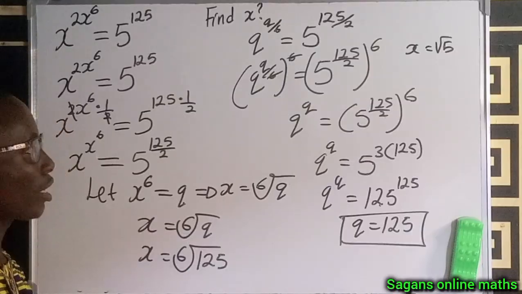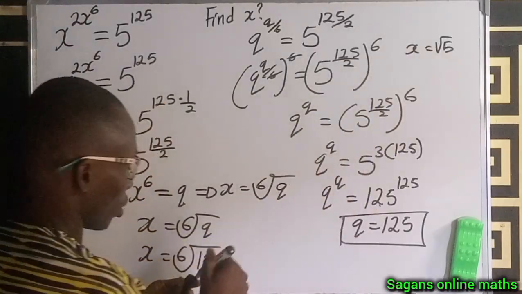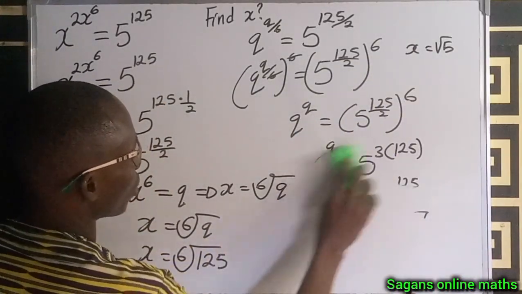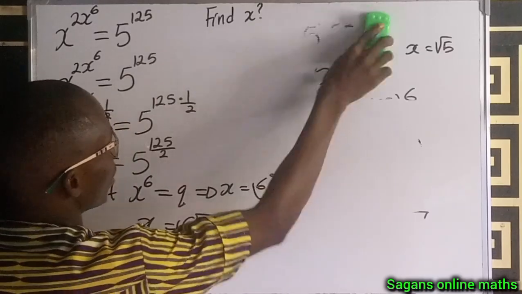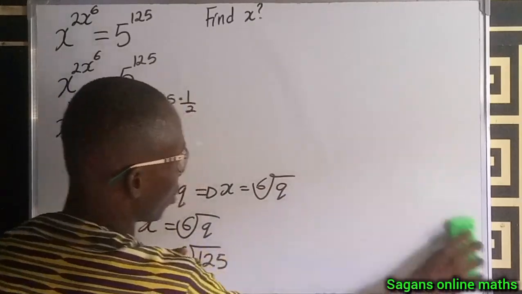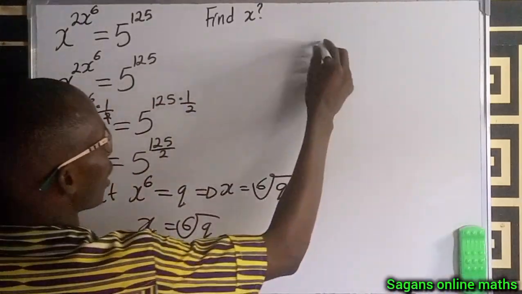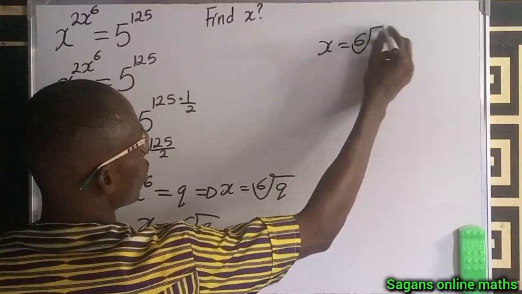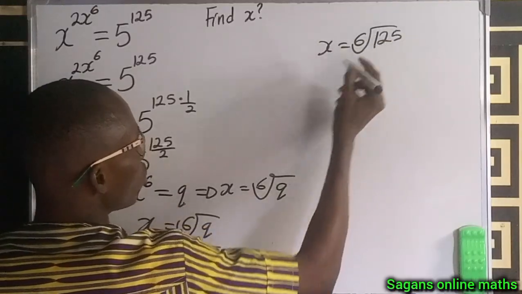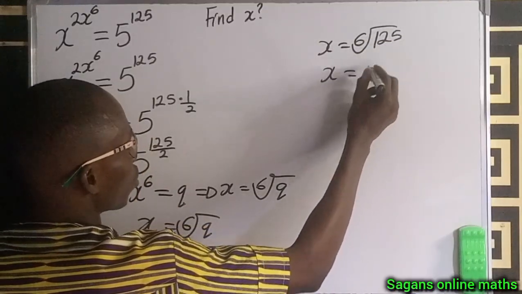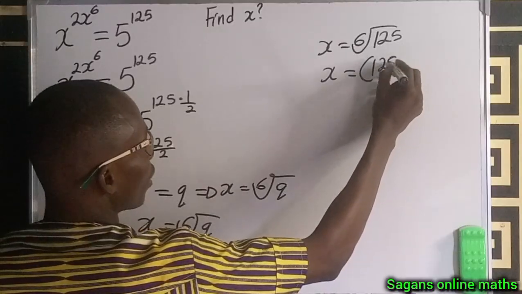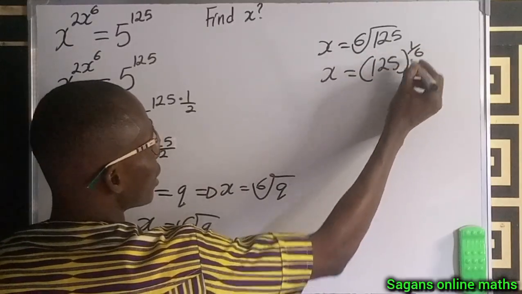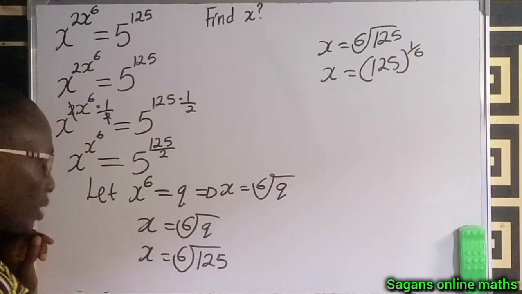Now let's simplify this further. So we can simplify this fast and have the value of x. If x is equal to the 6th root of 125, this is the same as x equals 125 to the power of 1 divided by 6, by the properties of indices.